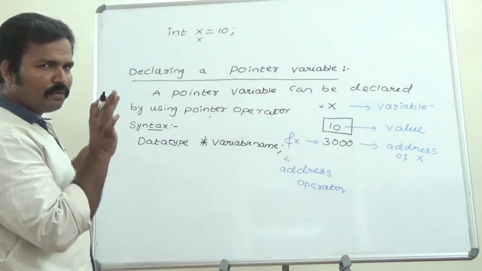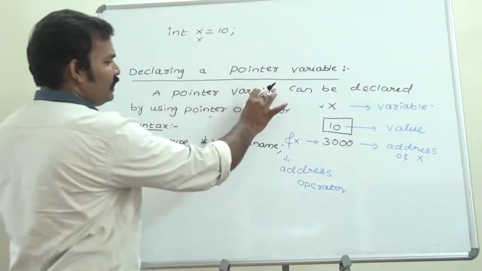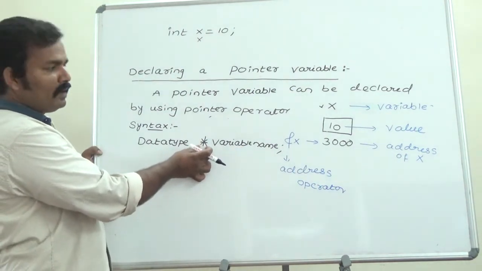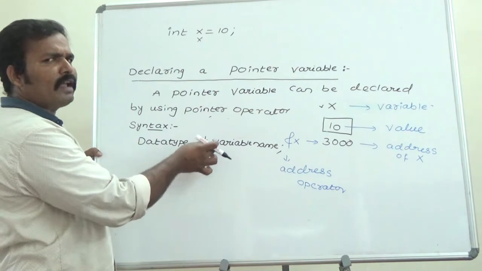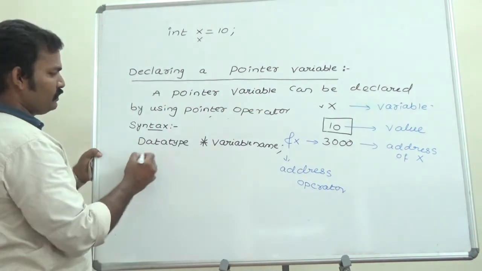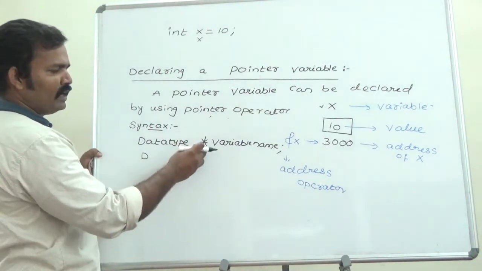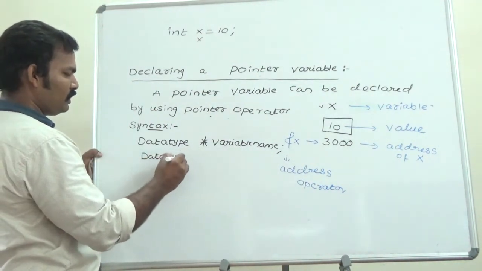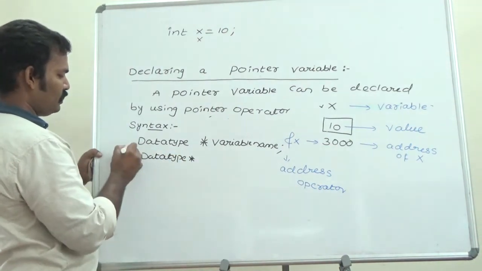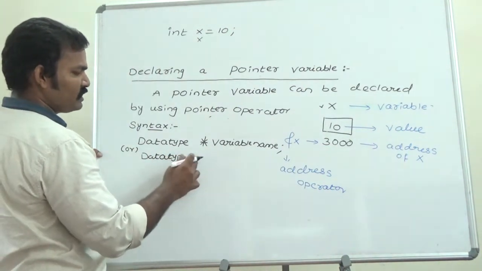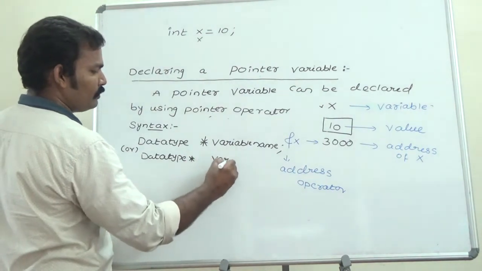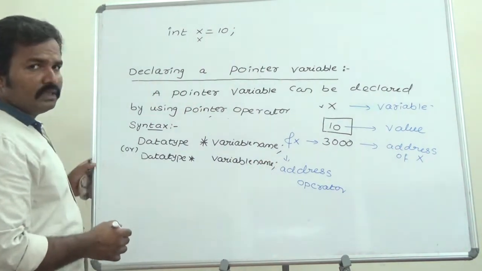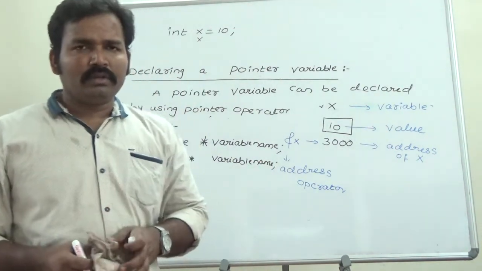We should remember only one point: a pointer variable can be declared by using the pointer operator, that is the star operator or asterisk. So data type, pointer operator, variable name, or data type asterisk, space, variable name. You can use any one of these two syntaxes.